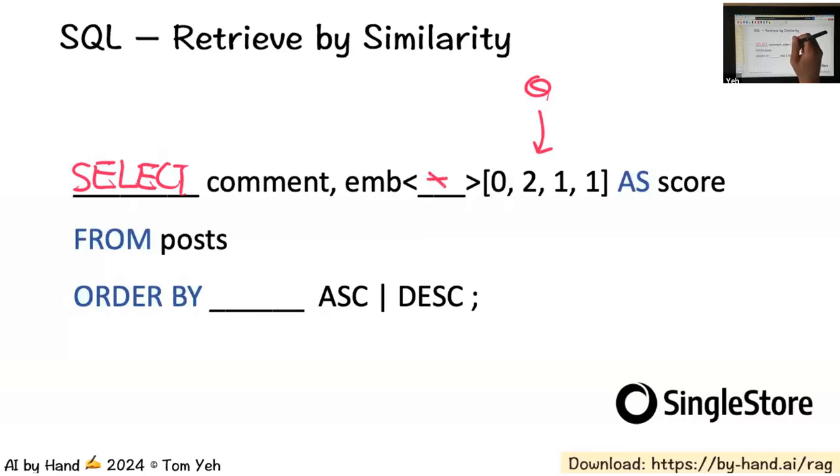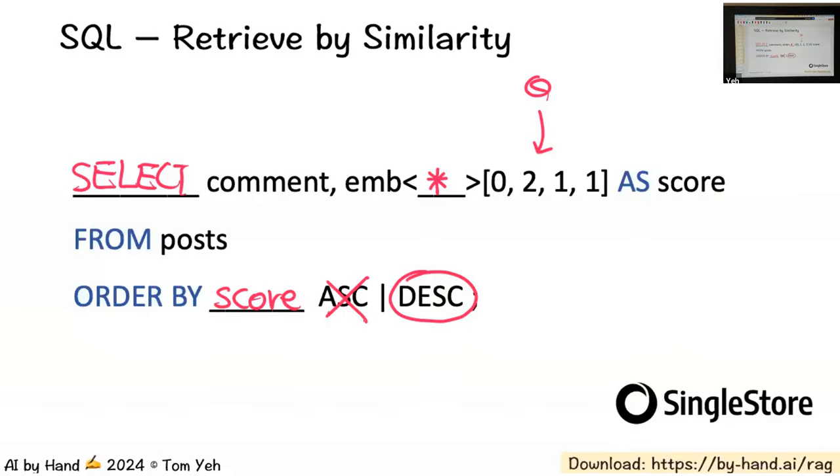This is a special symbol that SingleStore supports for you to compute the embedding field dot product with this. And dot product gives you similarity. So we order by the similarity score. High score is good, so we like them organized in descending order instead of ascending order.